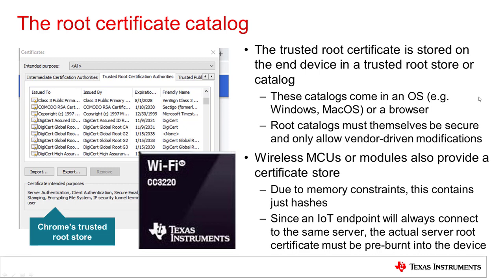We mentioned in the previous slide that the root certificate originally issued by the trusted root provider is not passed up in the certificate chain. It's expected to be on the actual server or endpoint that's doing the certificate validation. This is typically achieved by having some kind of root certificate catalog.